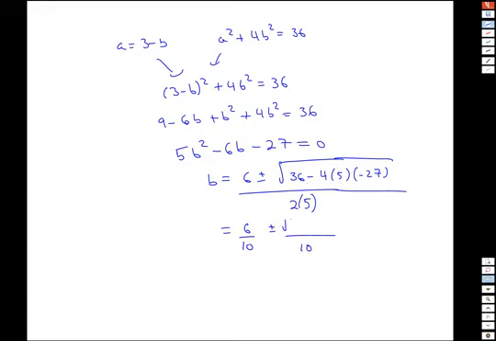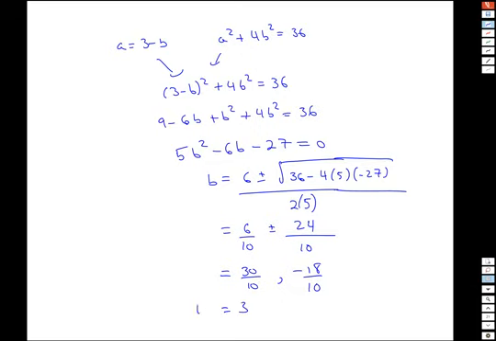So 6 over 10 plus or minus. What do we get here? 5 times 4 times 27 is 540. So 36 plus 540. Take a square root of that. Should be something nice. 24. Aha. There we go. If we do a quick check on that, so we're going to get 30 over 10, or, oh, nice, or minus 18 over 10.